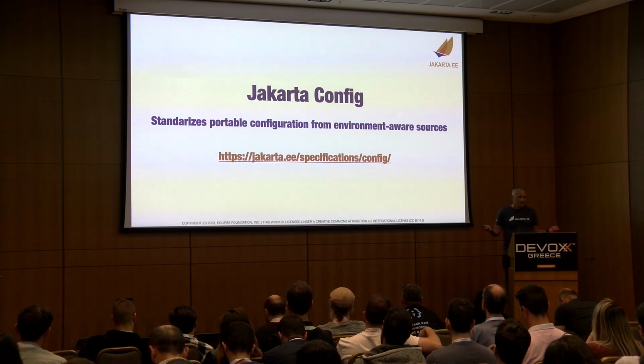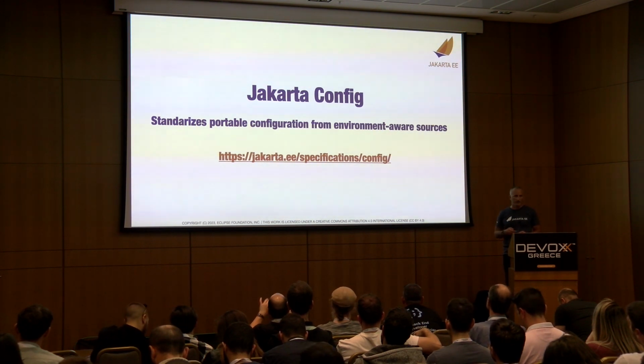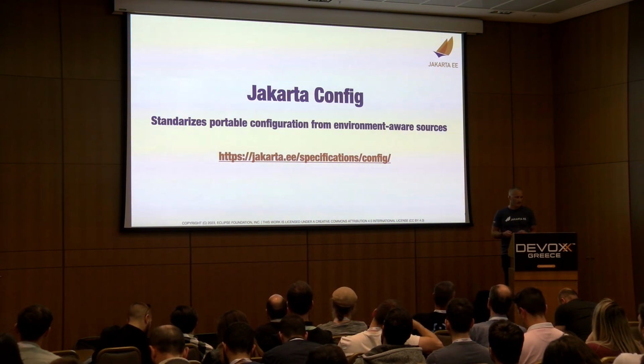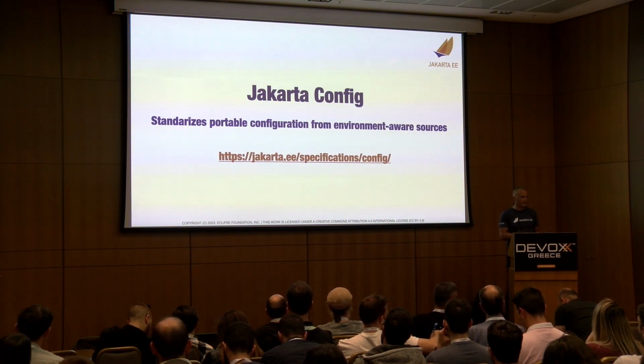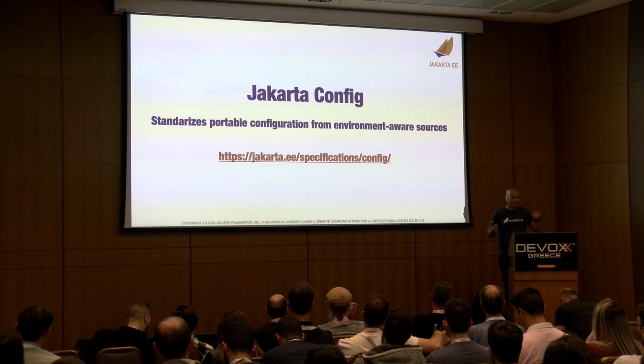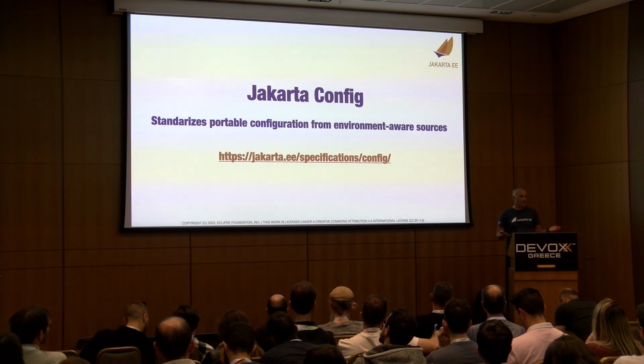Some of the specifications we're looking at include Jakarta Config. It may or may not be part of this release, depending on how far along they are. What they want to do is standardize the way we configure applications. Rather than using XML files and persistence XML, we should be able to configure it with just a configuration attribute or annotations in your code.